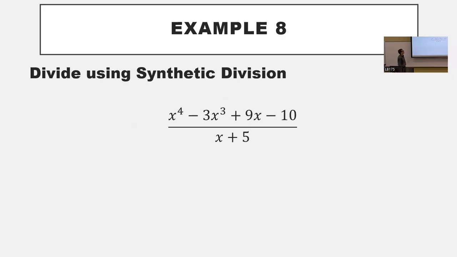Let's do one other example. Let's take x to the fourth minus 3x to the third plus 9x minus 10 and divide it by x plus 5.